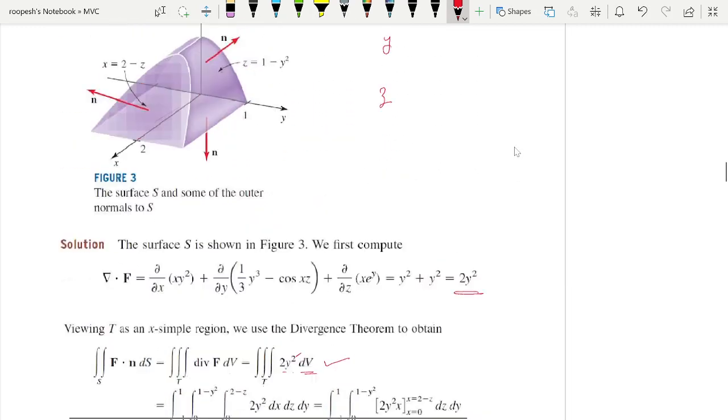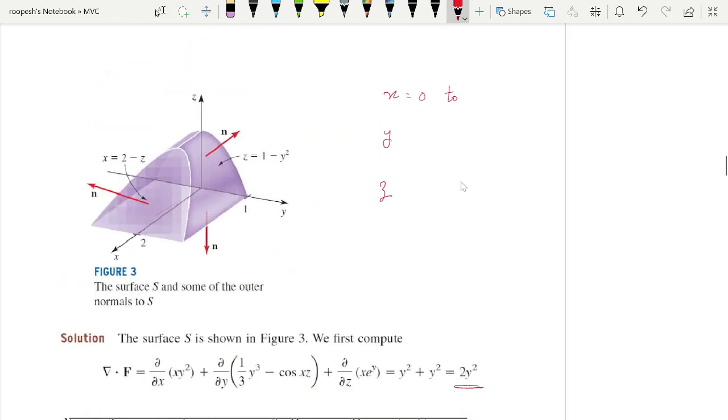So x is varying from 0. Let me draw it. So this is your x direction. So x is varying from this to this surface. Now this surface is x plus z equal to 2. That means you are getting x varying from 0 to 2 minus z. Now how is y varying?